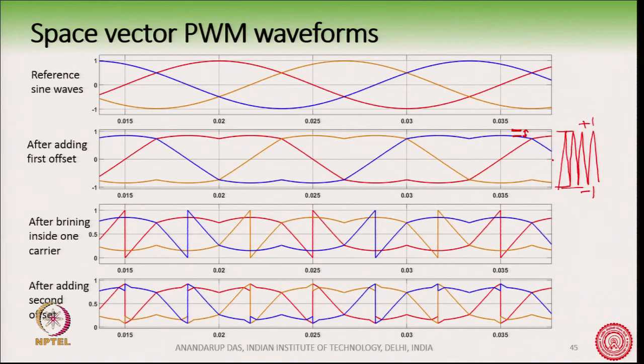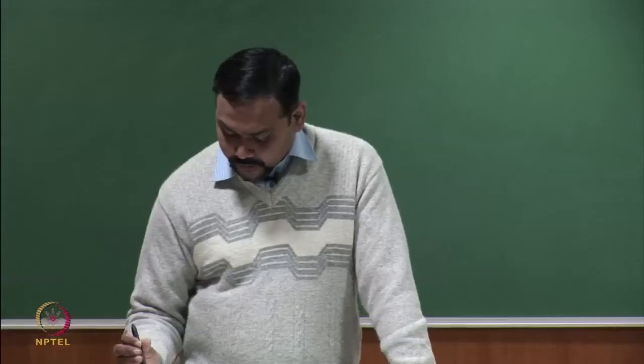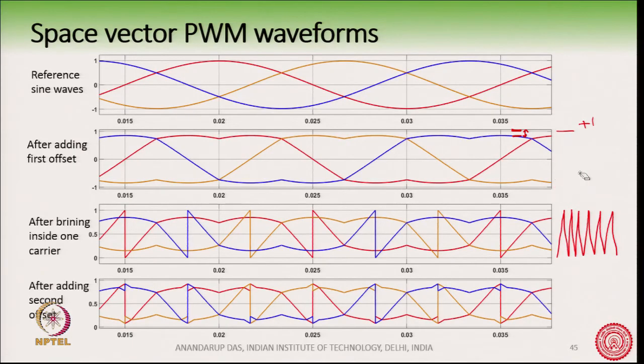Now, let us bring this inside one carrier. Okay. So, when we put it in one carrier, the carrier is again spanning here. This is the one carrier. I will remove this one, this was for a 2-level VSI carrier. So, this is the one carrier which is present here between 0 and 1. Now, what we have done is this waveform here we have shifted at places wherever it was negative, wherever it was less than 0.